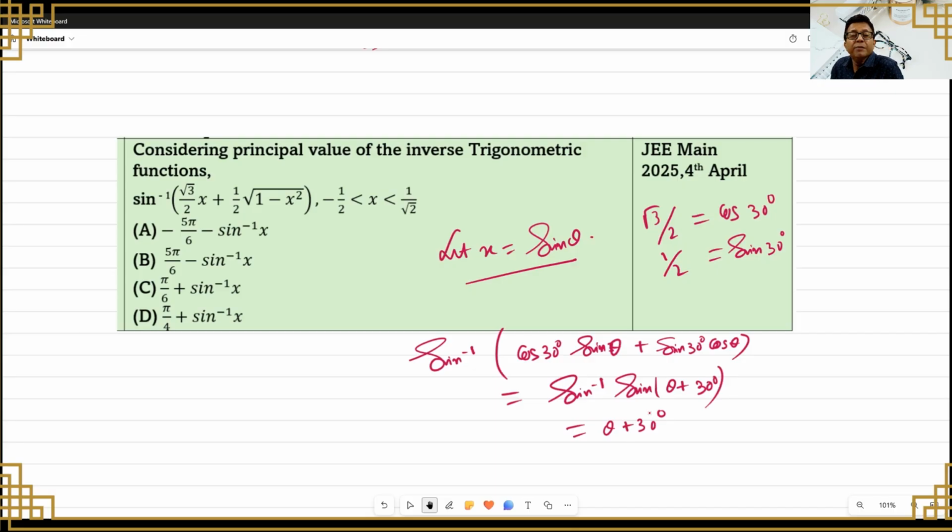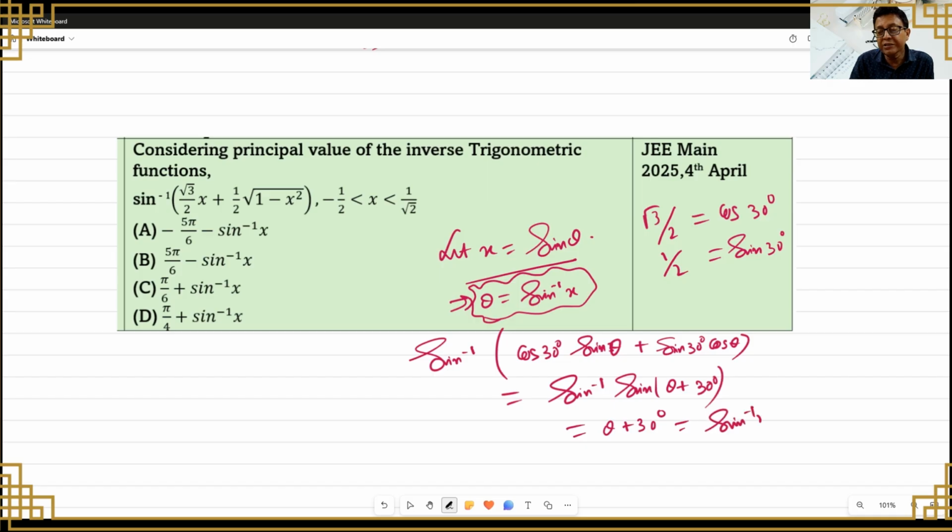So this is theta plus 30 and this theta equal to sine inverse x. So what do you get here?